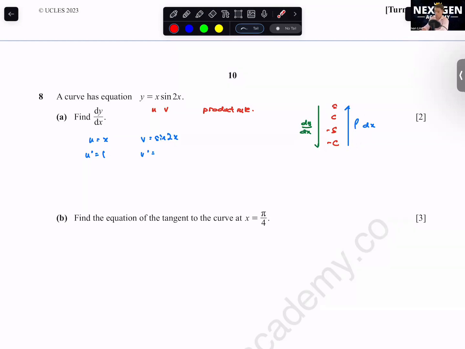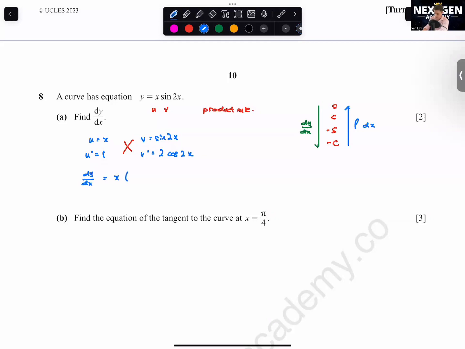So if you have sine 2x, with a value inside, you differentiate whatever is inside and multiply it out. So here you'll get 2 cos 2x. Formula of dy over dx: u v prime plus v u prime.